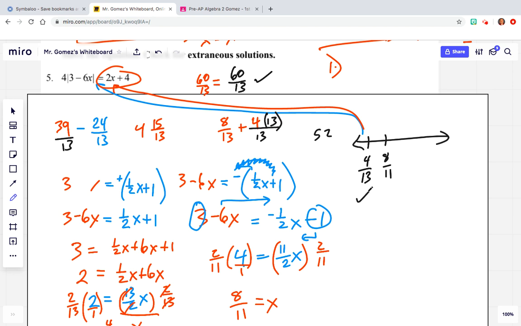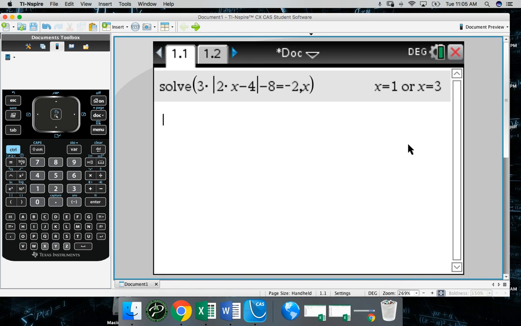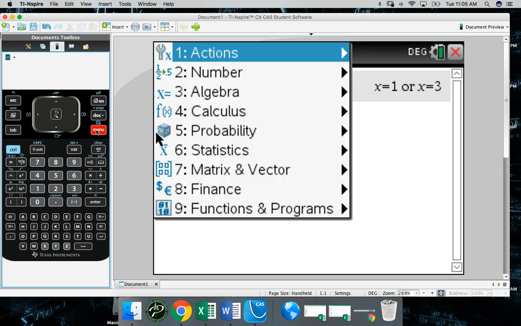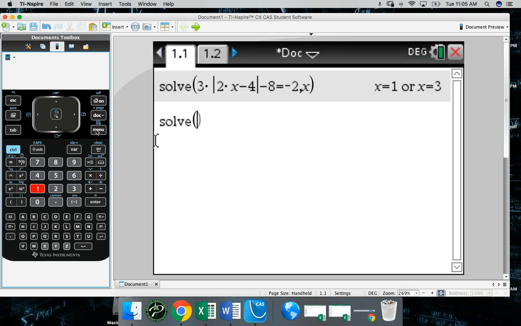Okay, for the sake of time, I'm going to let you do that to check for 8/11. But I'm going to go ahead and use the calculator to see whether it's extraneous or not. So let's go to the calculator. We'll do menu, 3 for algebra, 1 for solve.